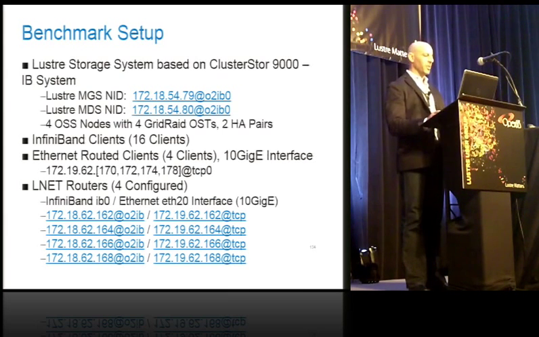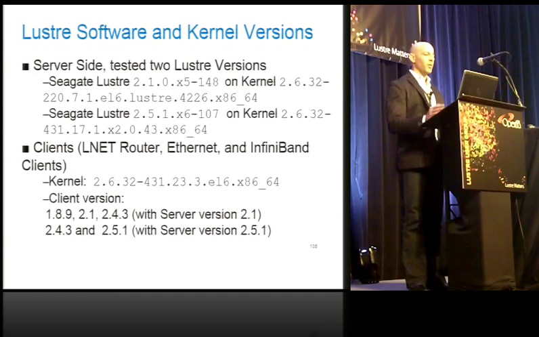And then this gives you an example of the LNET routers, and the IP addressing of o2ib and tcp for those configurations. On the server side, I tested the Seagate implementation of Lustre 2.1 and Lustre 2.5. I also tested LNET routed and Ethernet and InfiniBand clients, with a consistent client version across routed and non-routed clients and LNET routers.